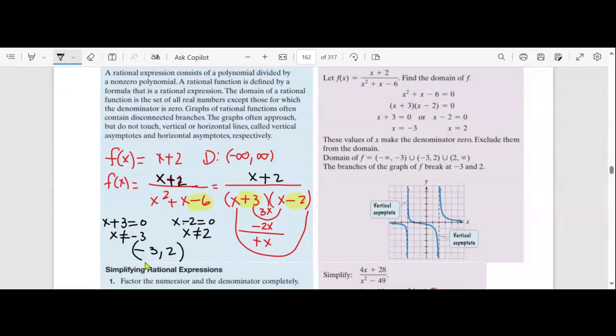You cannot have 2, but you have any number that is greater than 2 to where? Infinity. And you can have numbers that are less than negative 3 to what? Negative infinity. And between them, you put what? Union. Union means or. Intersection means and. Is this clear?